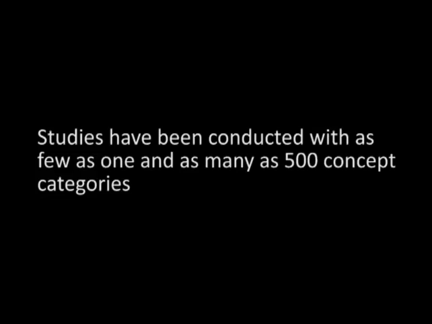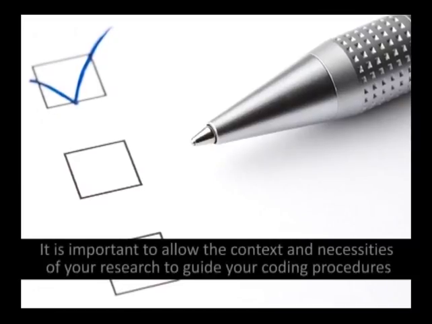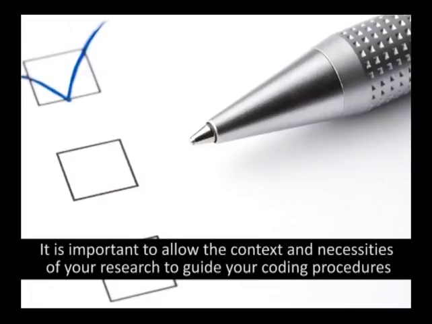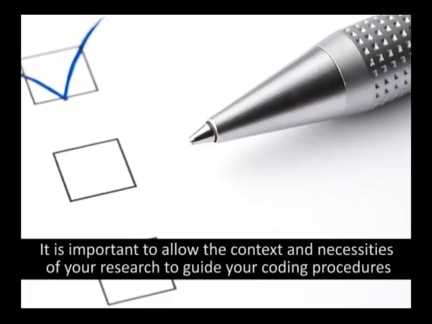Studies have been conducted with as few as 1 and as many as 500 concept categories. Obviously, too many categories may obscure your results, and too few can lead to unreliable and potentially invalid conclusions. Therefore, it is important to allow the context and necessities of your research to guide your coding procedures.